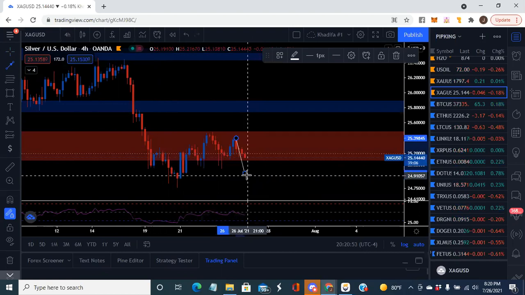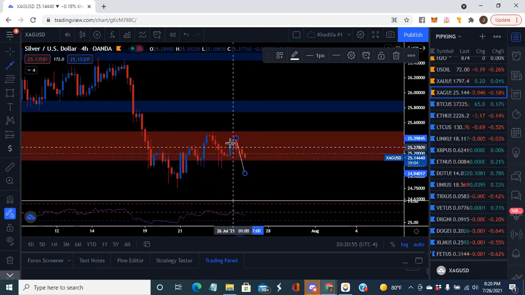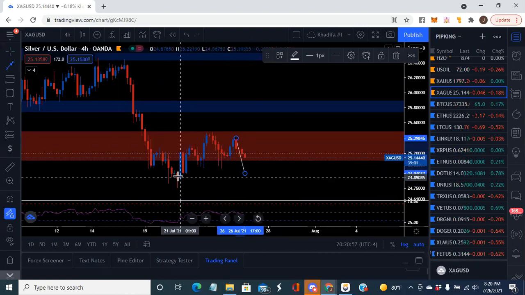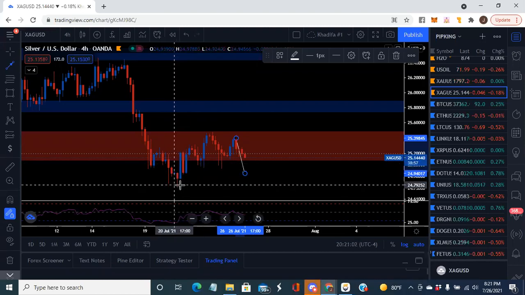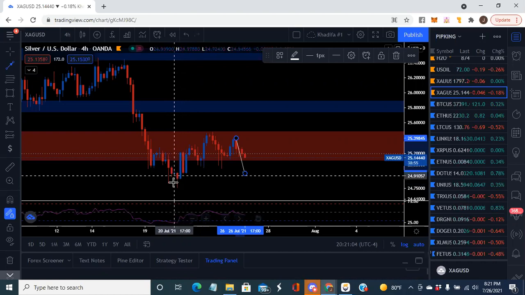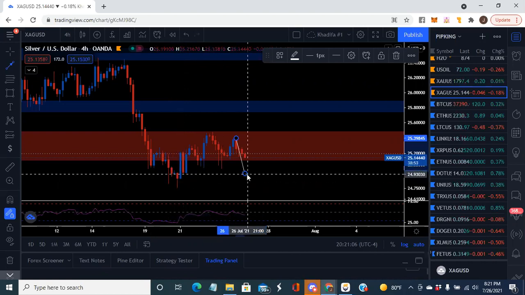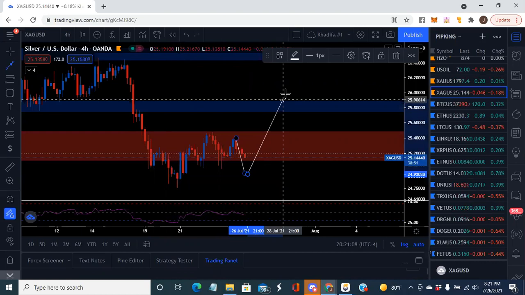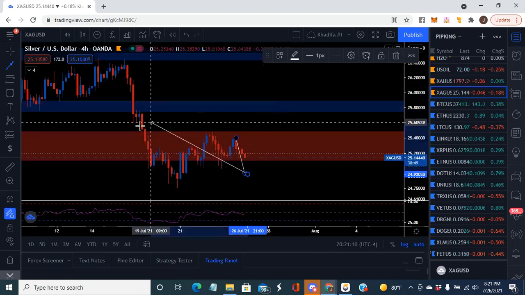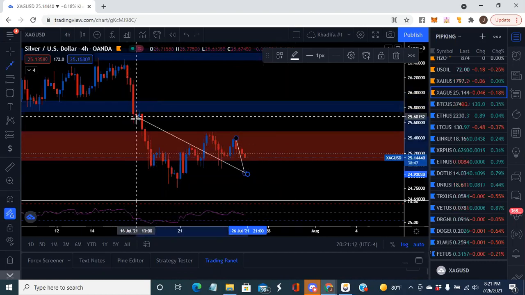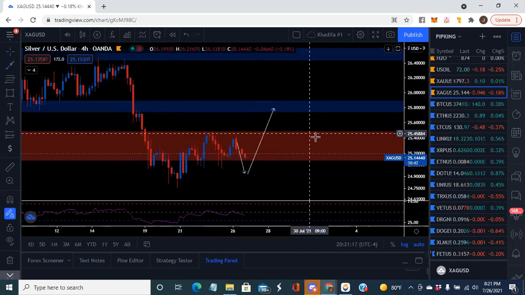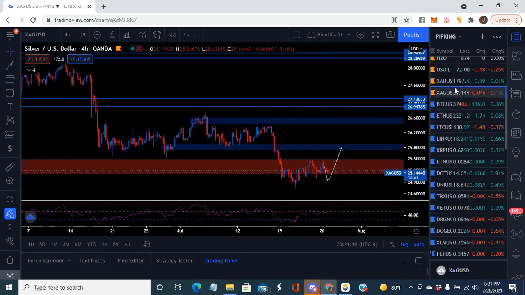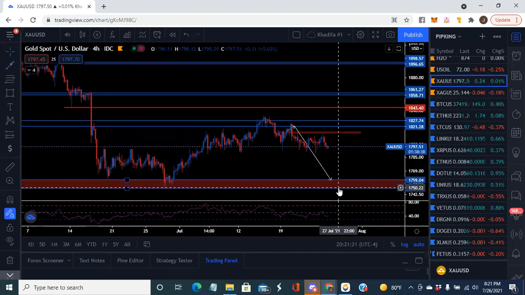So we could see silver push down to retest this engulfing candle, aka order block, coined by Michael Huddleston, and then push up to fill in this imbalance and potentially fill in this imbalance here that we have. So that's what I'll be expecting to see out of silver.